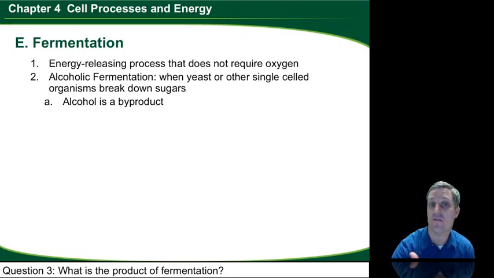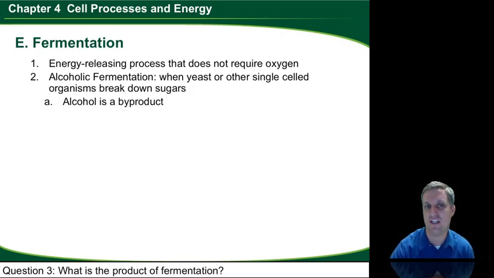There are two types. Alcoholic fermentation is when yeast or other single-celled organisms break down the sugars. If you've made bread and put yeast in it, yeast is an active live culture. It will break down the sugars, which is why you put sugar into your bread dough. If you've ever smelled bread, it's got that yeasty smell.